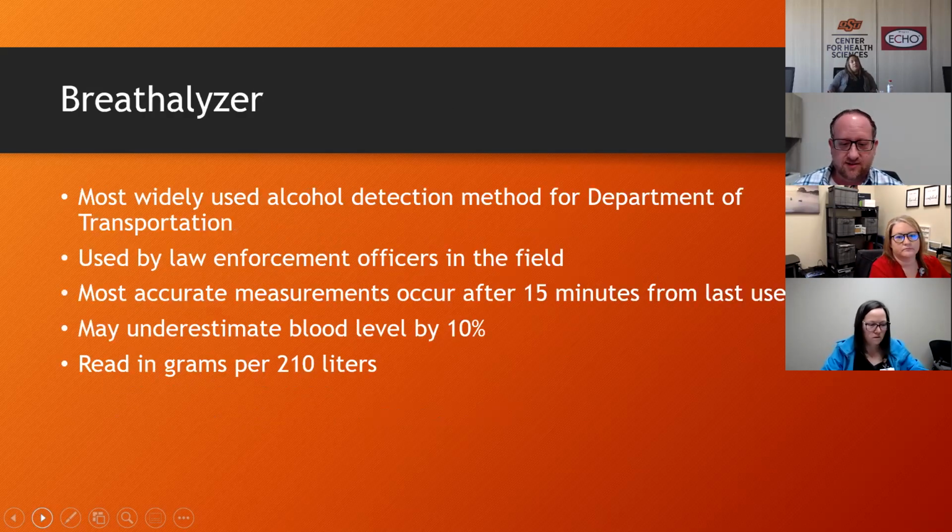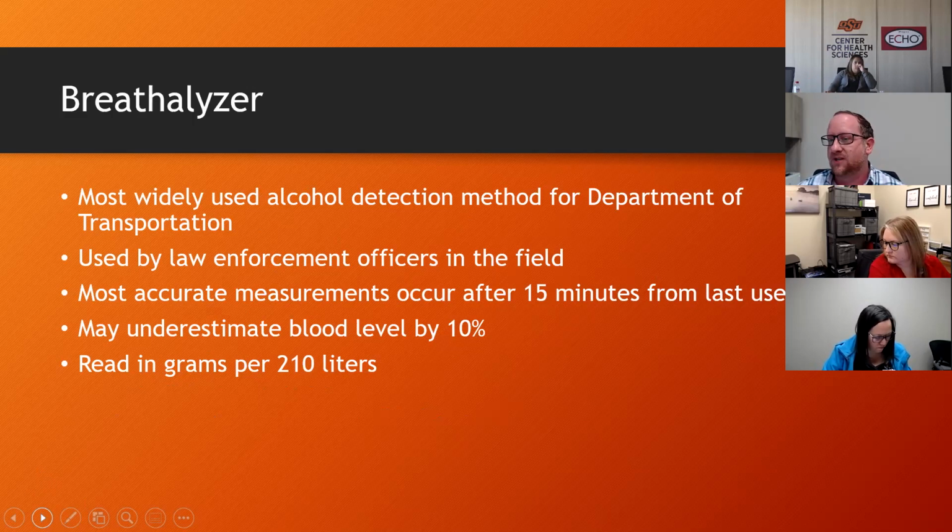And then, of course, last but not least is the breathalyzer, which is commonly used by the Department of Transportation and law enforcement to detect immediate intoxication. So it's kind of like the BAL in that it's used for intoxication levels, not use in the past. It's used a lot more than BAL because it's just more convenient.